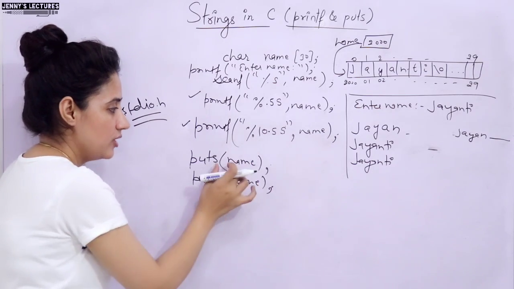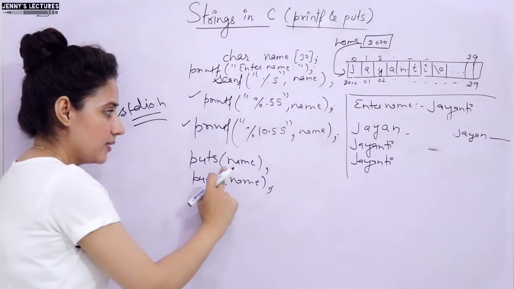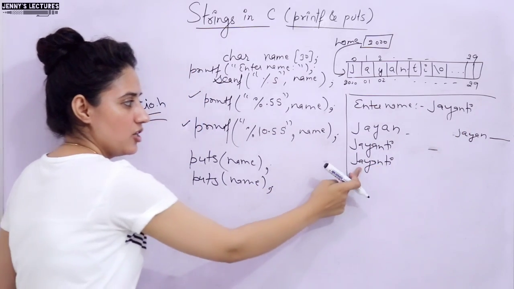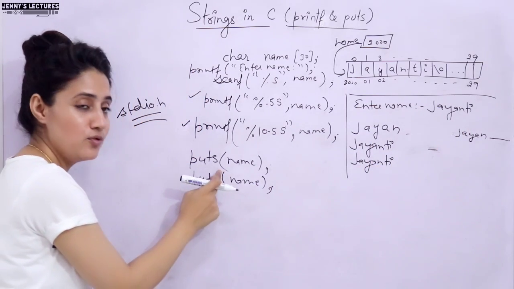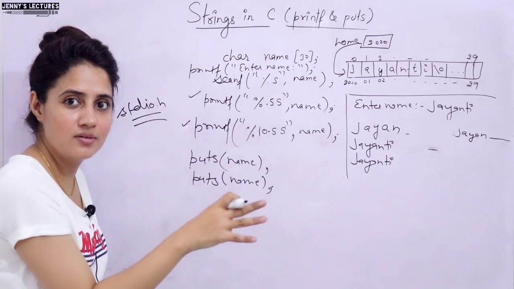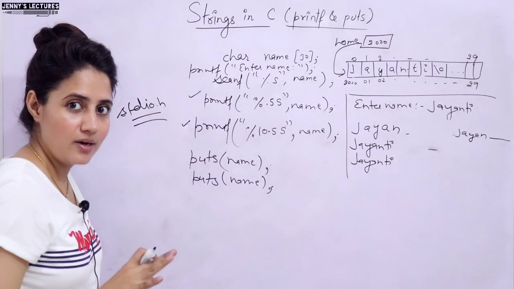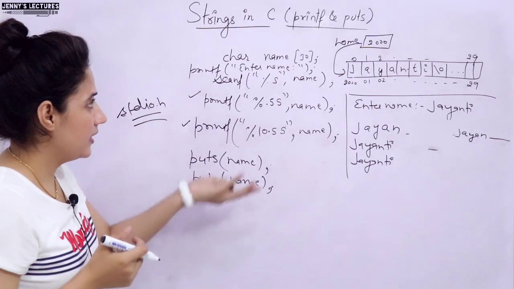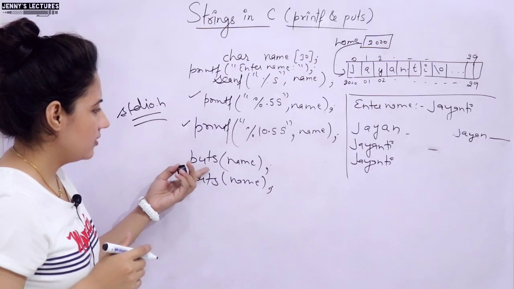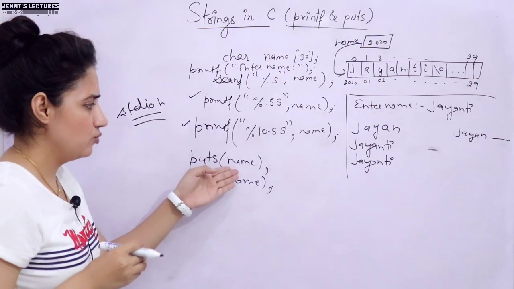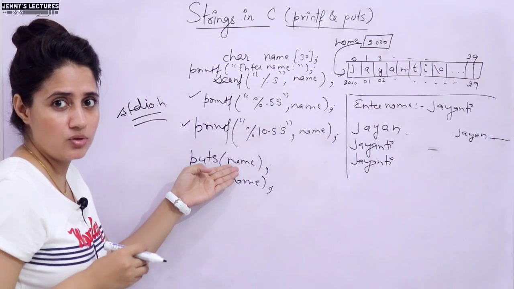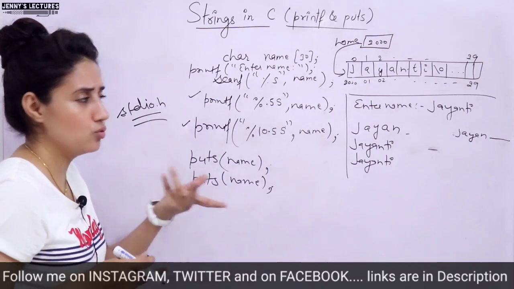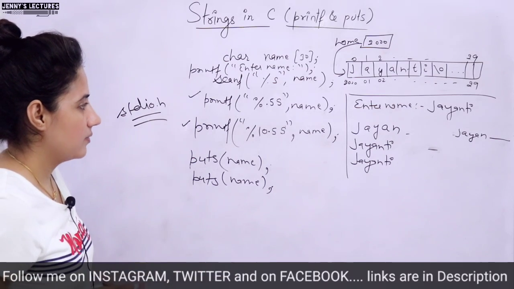So this output you will get in the same line, but the next output you will get in a different line, because puts will automatically add a new line after printing the output, right? I hope you got my point, right? So this is the difference between the printf and puts functions. I think the implementation of this is easy, we don't have to write much about this one. So it's easier to use the puts function than the printf function to print a string, right?